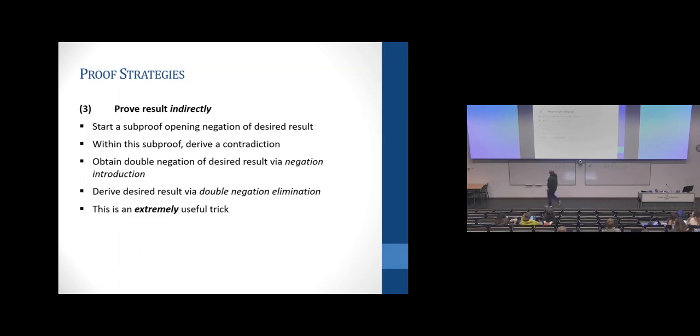So if you want to get A, we'll start a subproof with not A. And the idea is to eventually show that this leads to a contradiction. And the reason is because we can then close the subproof and get not not A. And that looks backwards, but no, what can we immediately do for not not A?